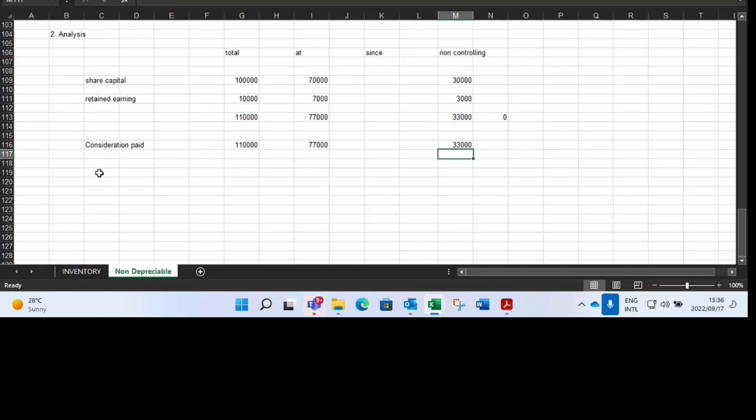Then we can go to since acquisition to the beginning of the current year, because I agree we don't have a goodwill. Yes, we don't have a goodwill. From the date we acquired him until now, we had the retained earnings on the subsidiary.